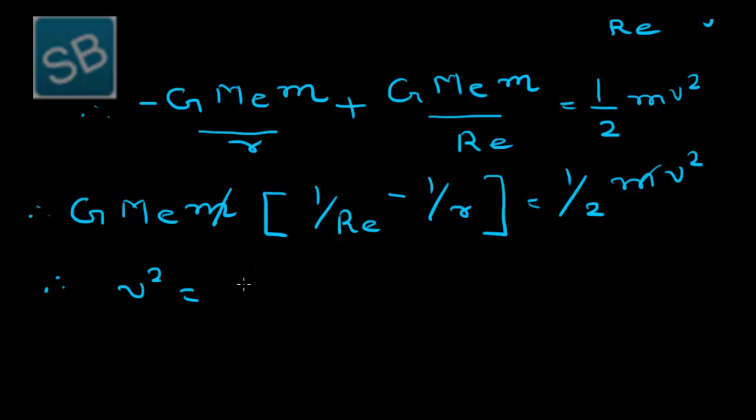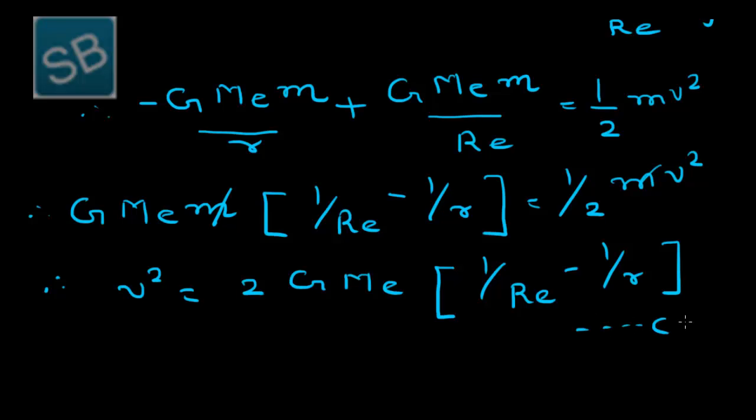Therefore v square is equal to twice G Me into the bracket 1 over Re minus 1 over r. So this is the third important result.